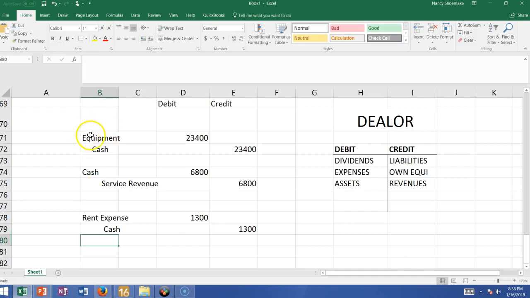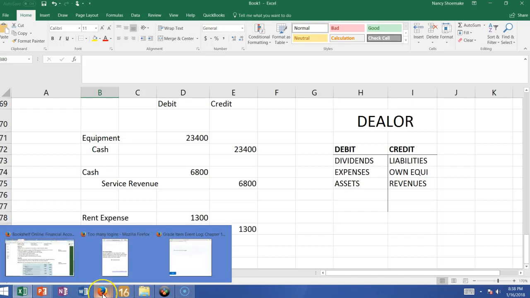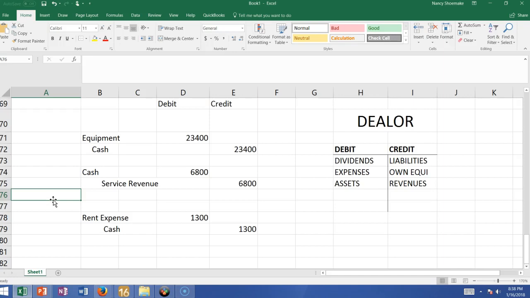Do you see how the first one I put will always be the debit account, and the second one I put will always be the credit account, and I indent that account? Why? To note that it's the credit. It's just the standard for preparing journal entries we've always used.